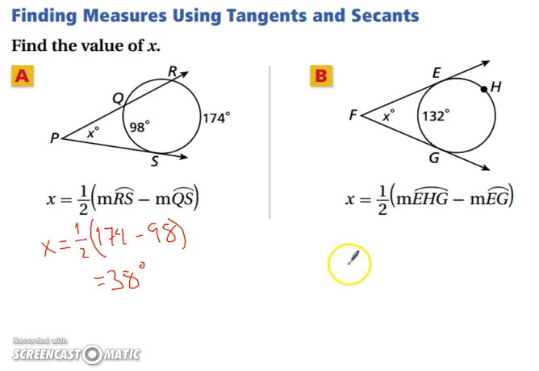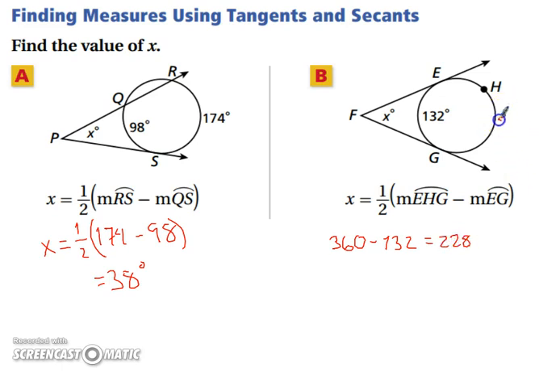Now that you've had a moment to try this next one on your own, let's try it together. Notice they didn't give you the larger arc measure, but you can figure that out. You know a circle is 360 degrees, and EHG is just whatever's left over after you subtract 132. So when you do 360 minus 132, you end up with 228.